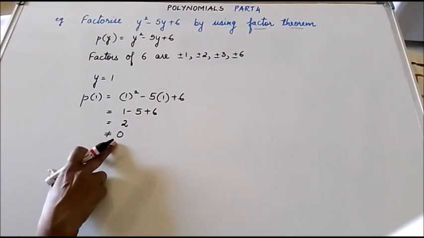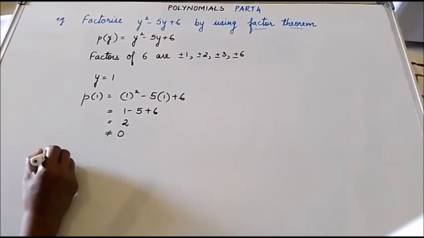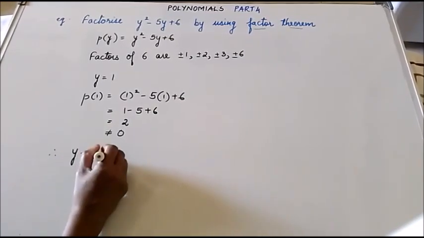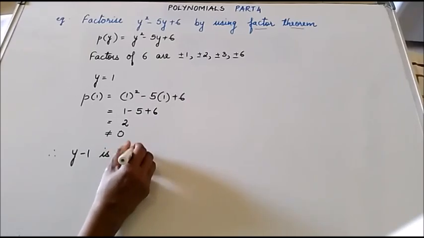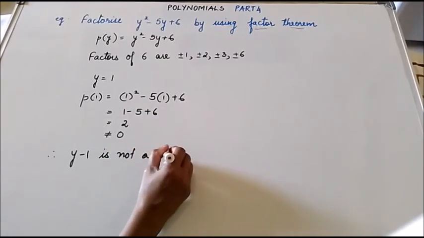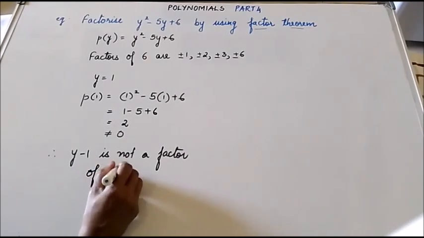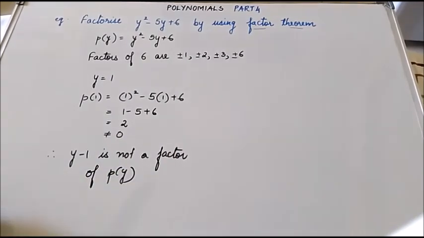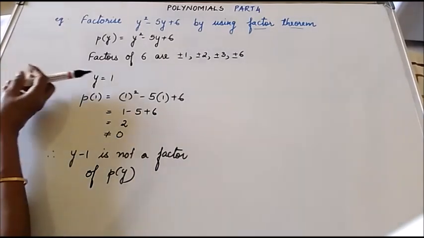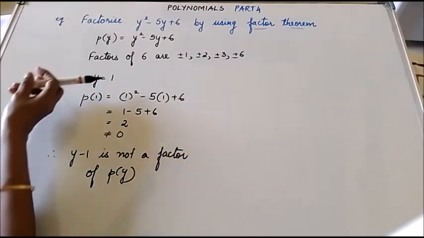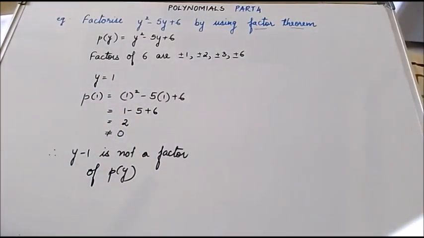That is, the remainder is not equal to 0. Hence, y minus 1 is not a factor of the given polynomial. Okay, now everybody just observe, when it is plus here you have to write minus, if it is minus here we write plus. Okay, now let us try with the next factor.